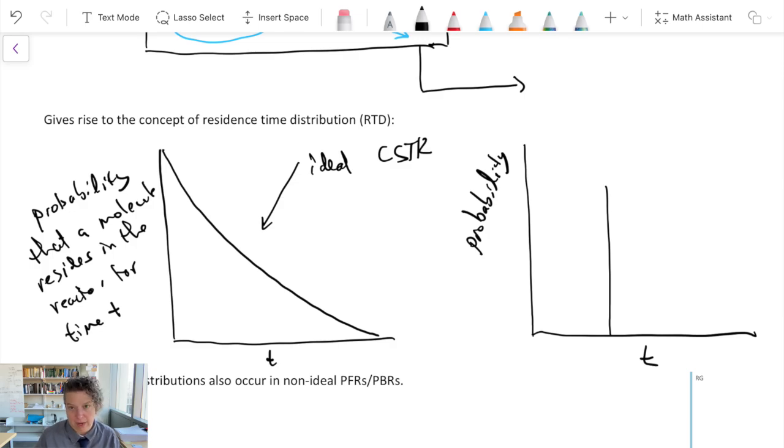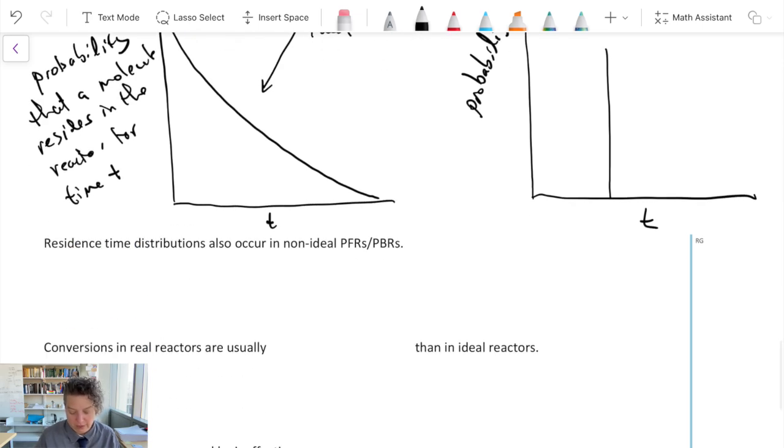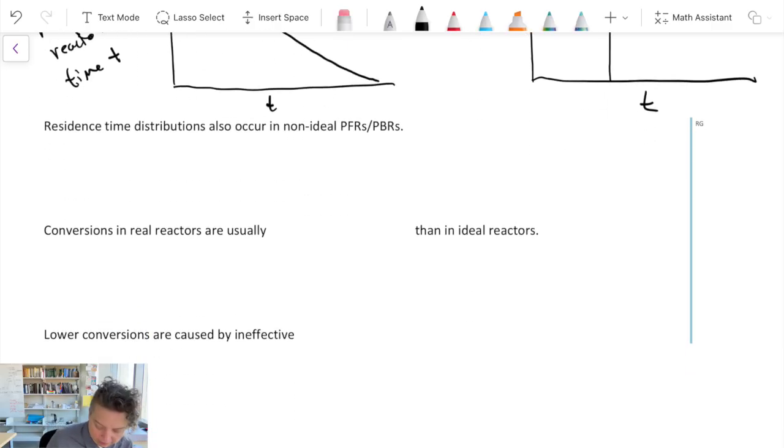Of course, residence time distributions also occur in non-ideal PFRs and PBRs, and we saw that above in our catalyst example. Conversions in real reactors are usually lower than in ideal reactors. This is not always the case. Sometimes the conversion is higher. So it's one of the many things about reactor design that there is no generality.